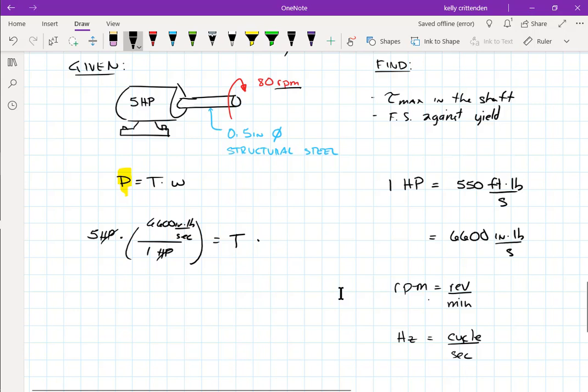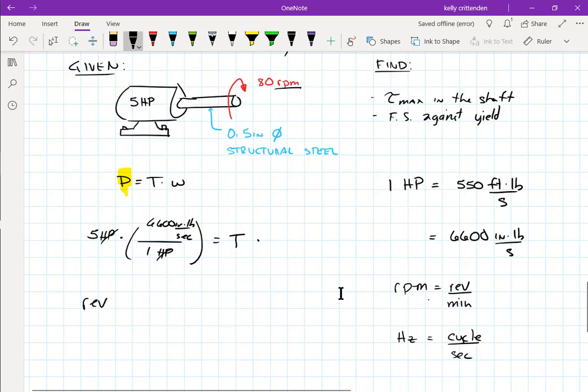I don't want revolutions per minute in this equation. What I actually want is radians per second, because in my equation, power equals torque times omega. So I have to convert revolutions per minute to radians per second.